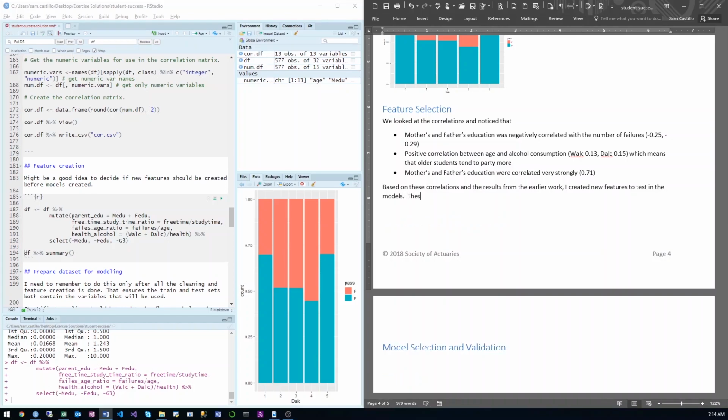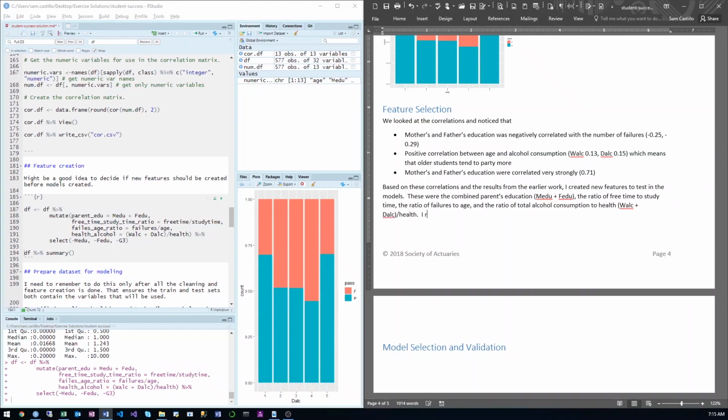These were the combined parent education, the ratio of free time to study time, the ratio of failures to age, and the ratio of total alcohol consumption to health.